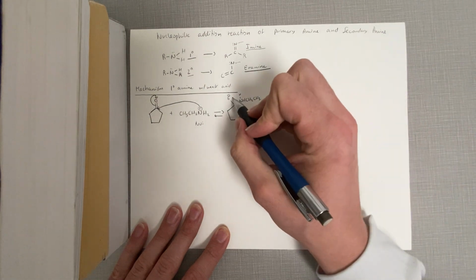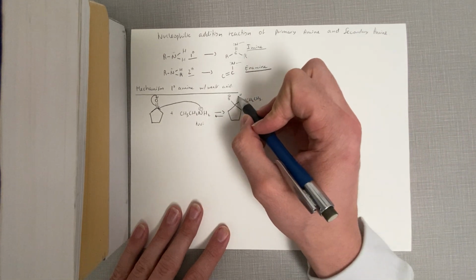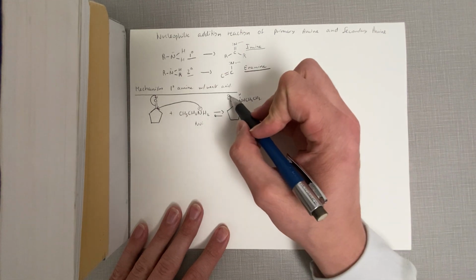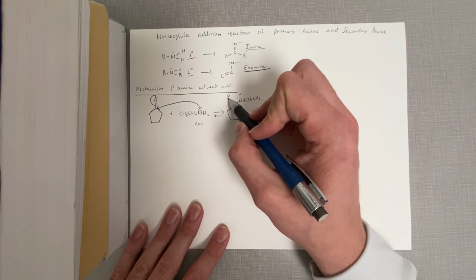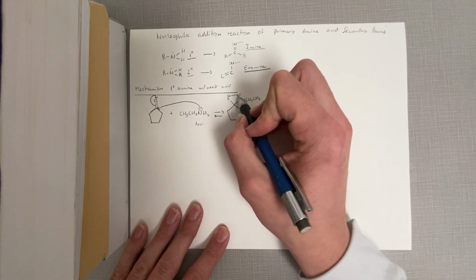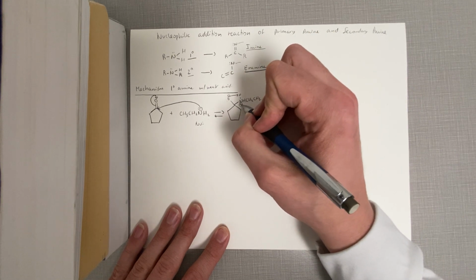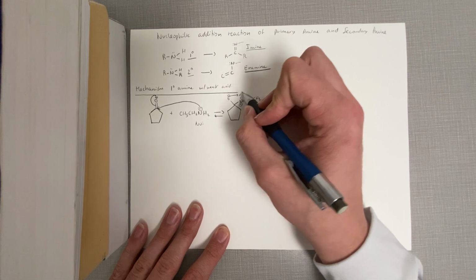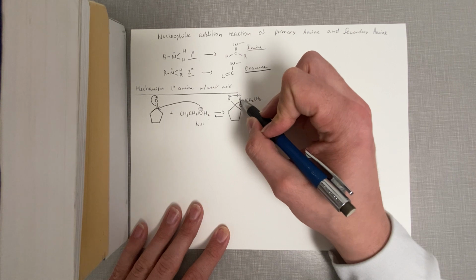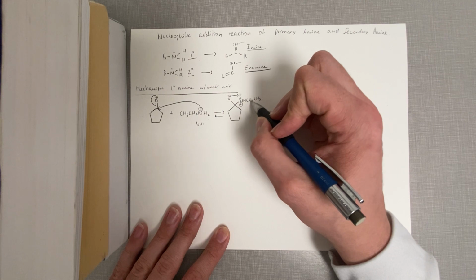Now, in an amine nucleophilic addition reaction, we have an intramolecular reaction where this anion, or this oxygen with a negative charge, is going to grab the proton. Because there's a positive charge here, it's going to grab this hydrogen, making this nitrogen regain its lone pair and then become neutrally charged again.